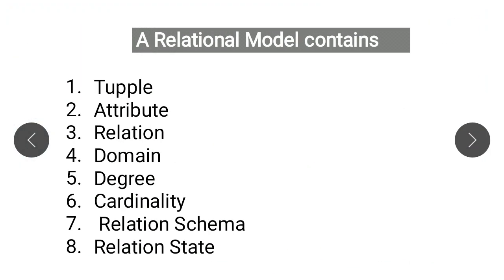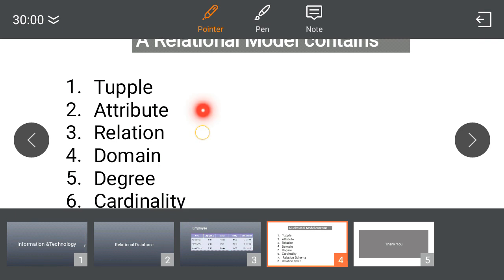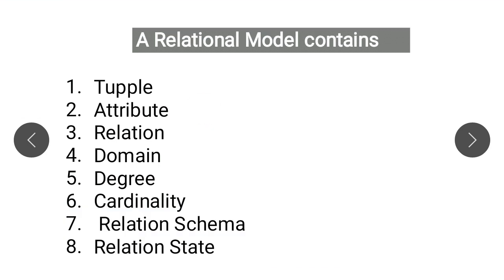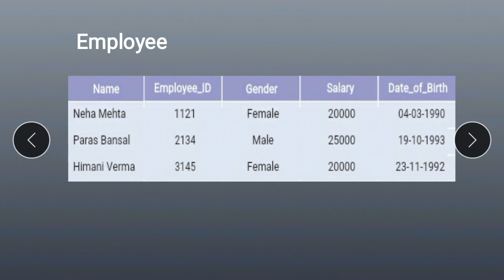So I have discussed with you attribute, relation, domain, degree, cardinality, relation schema, and relation state. From this table, employee is a relation. The name of the table is called the relation, so employee is the relation. Name, employee ID, gender, salary, date of birth are the names of the columns, so I will say there is a name attribute, employee ID attribute, gender attribute, salary attribute, date of birth attribute.